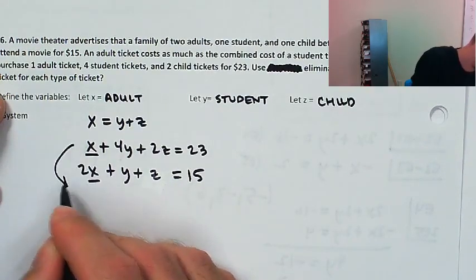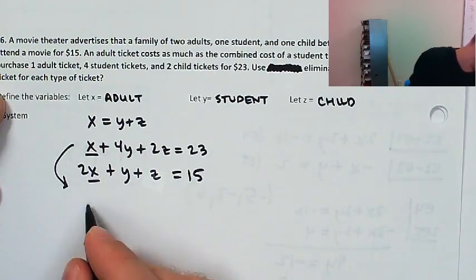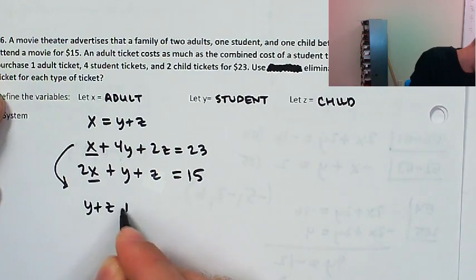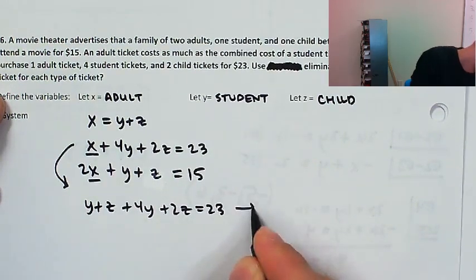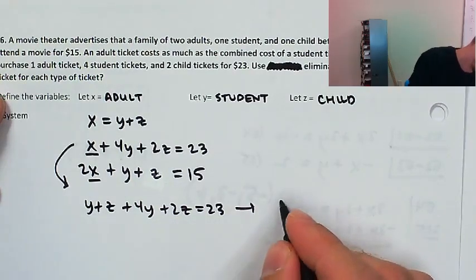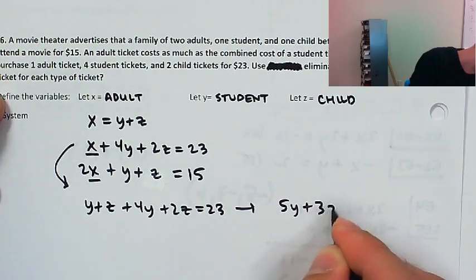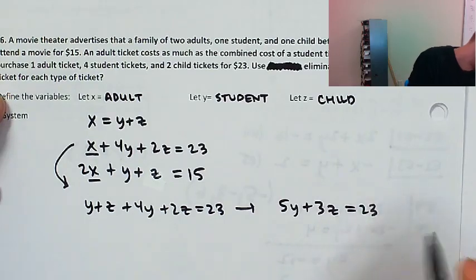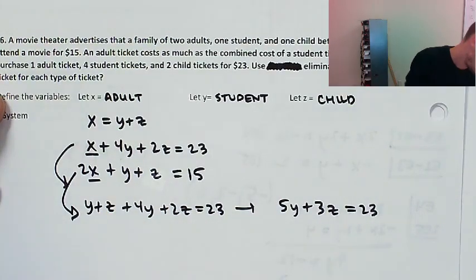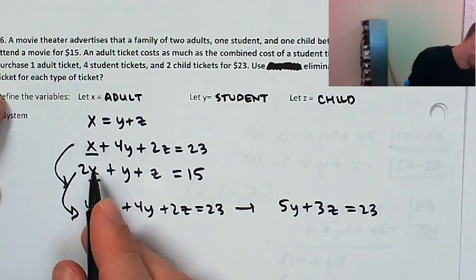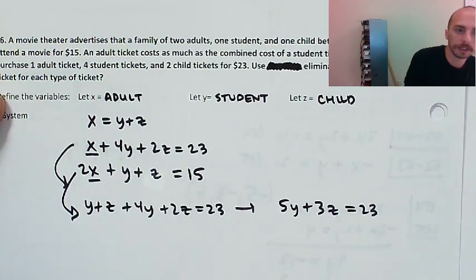So I'm going to have y plus z plus 4y plus 2z equals 23, which I could simplify to 5y and 3z equaling 23. And then I can take this one, and I'll say 2 times x, 2 times y plus z.